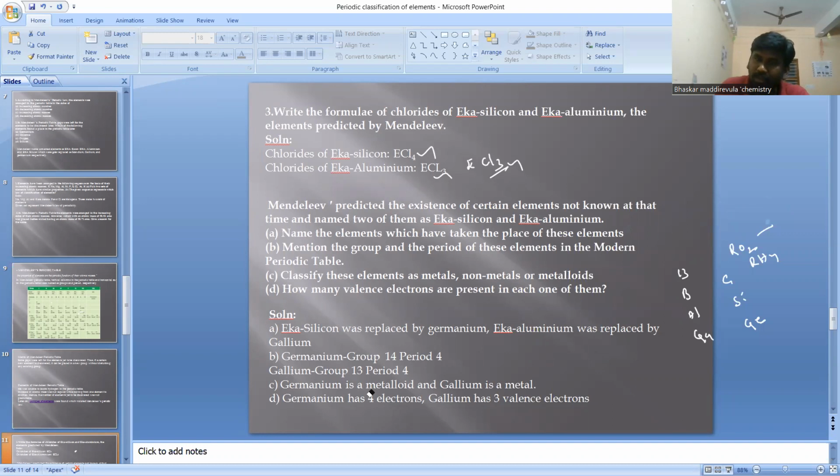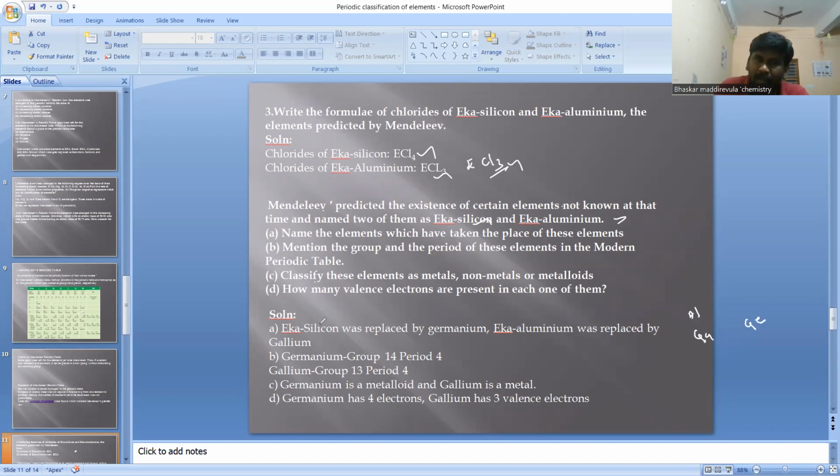Mendeleev predicted the existence of certain elements not known at the time. Name two of them as Eka silicon and Eka aluminum. Name the elements which have taken the place of these elements.